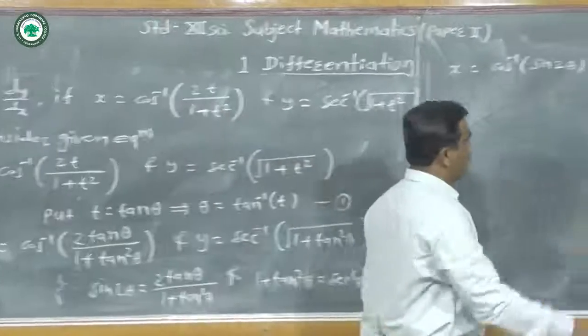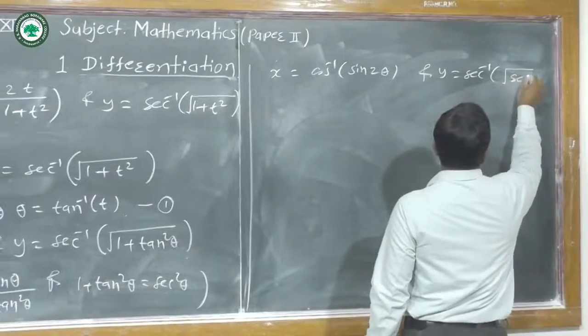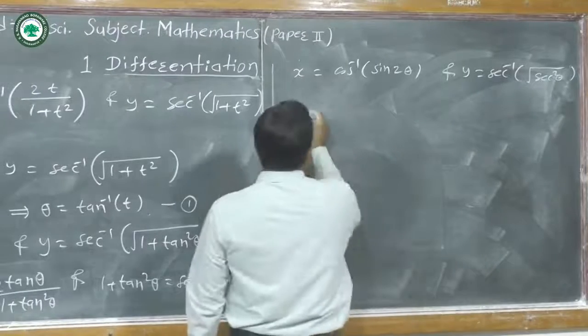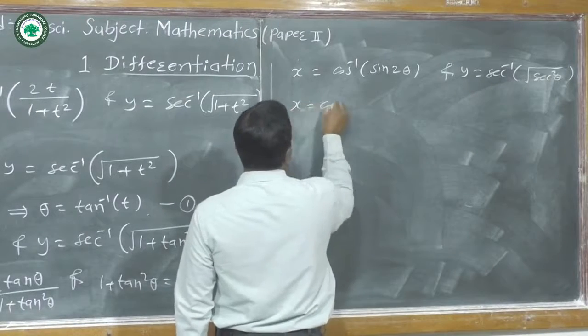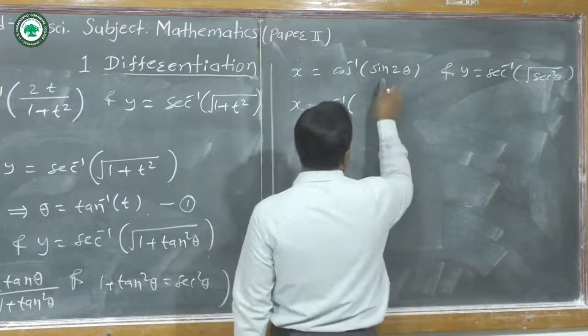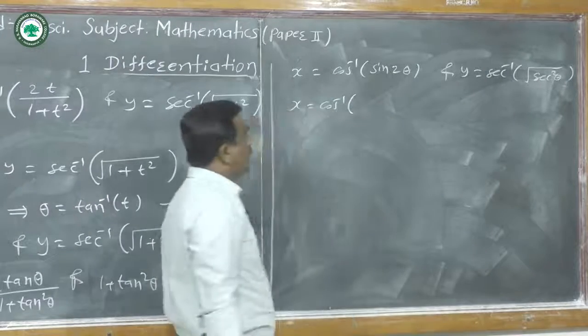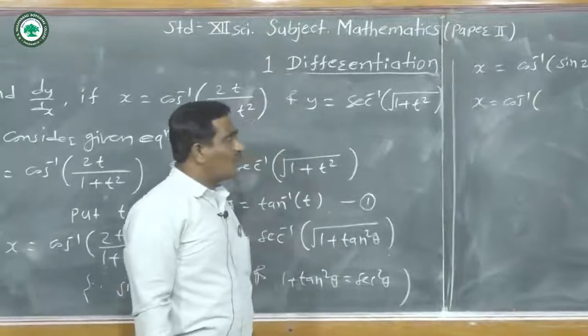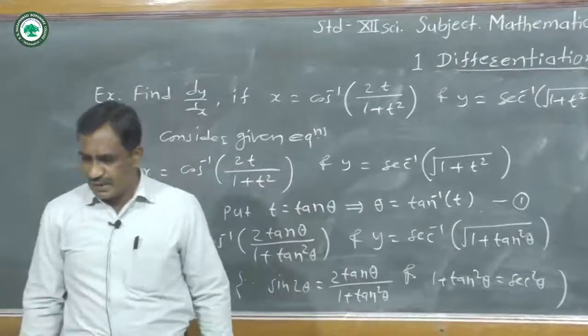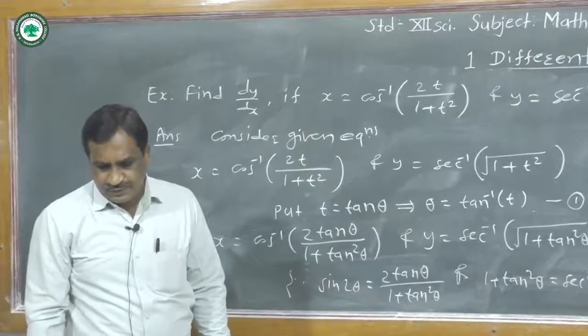Here sin 2 theta can be written in the form cos of pi by 2 minus 2 theta, using the allied angle formula.